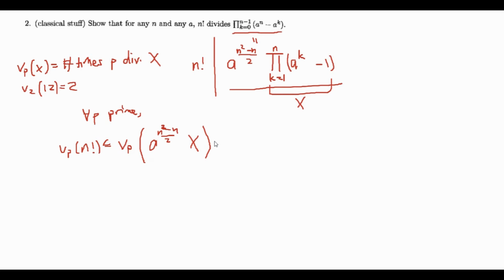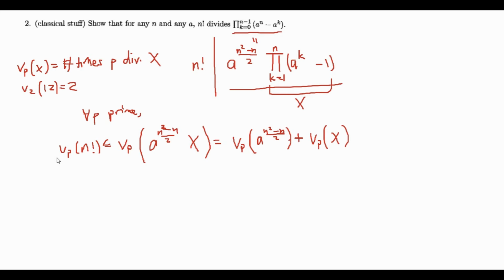So this is just equal to v_p of a to the n squared minus n over 2 plus v_p of x. And now we simplified the right hand side a little, so let's simplify the left hand side.